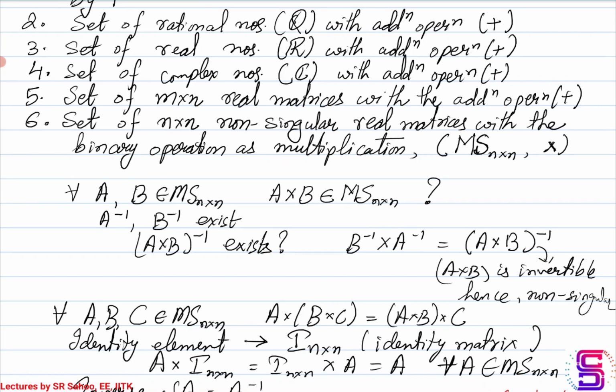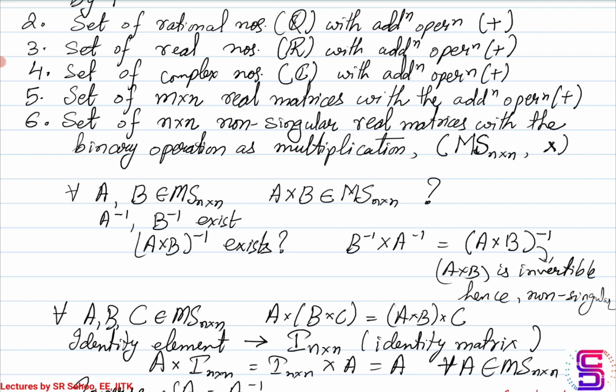Similarly, you can check that the associative property is also satisfied by this particular set of non-singular matrices under the matrix multiplication operation. What is the identity element that you have? The identity element in this case is the n cross n identity matrix. And what is the inverse element that you have?